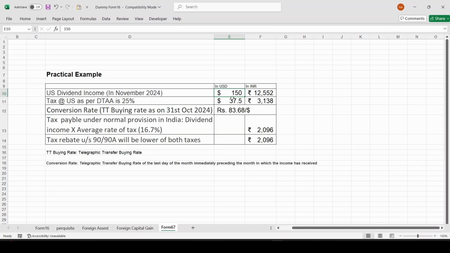As per our example, person received total dividend of $150 in month of November. In INR value is 12,552. And this dividend calculation I have already explained in my video of Form 67, and I have given the link in description. So our foreign dividend is 12,552.